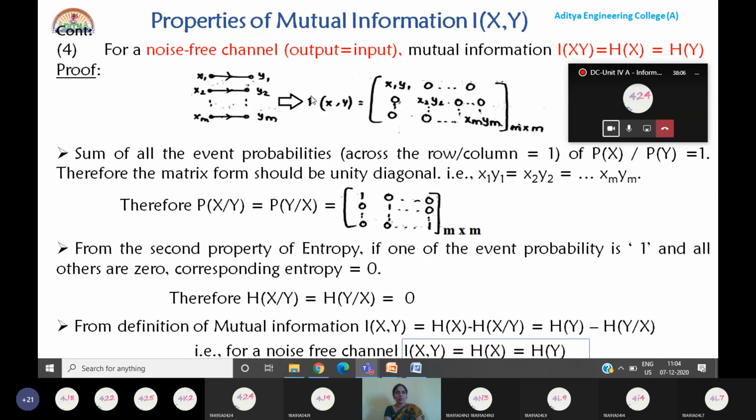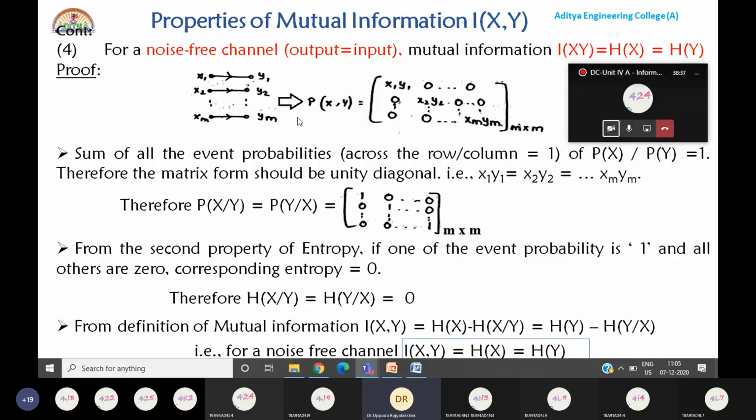So what is the probability matrix P(X,Y)? This is a joint probability matrix. Whenever the input is x1, the output is only y1. So only the event (x1, y1) will occur, and the probability of (x1, y2) is 0 because there is no noise. The transmitter event goes directly to the receiver, so x2 will be y2.